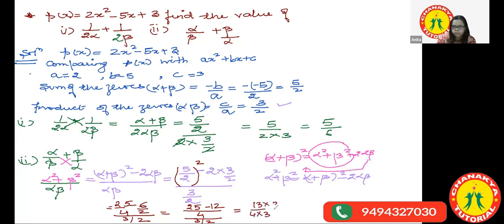This 2 will go in the numerator. 2 ones are 2, 2 twos are 4. So 13 by 6 will be the answer.